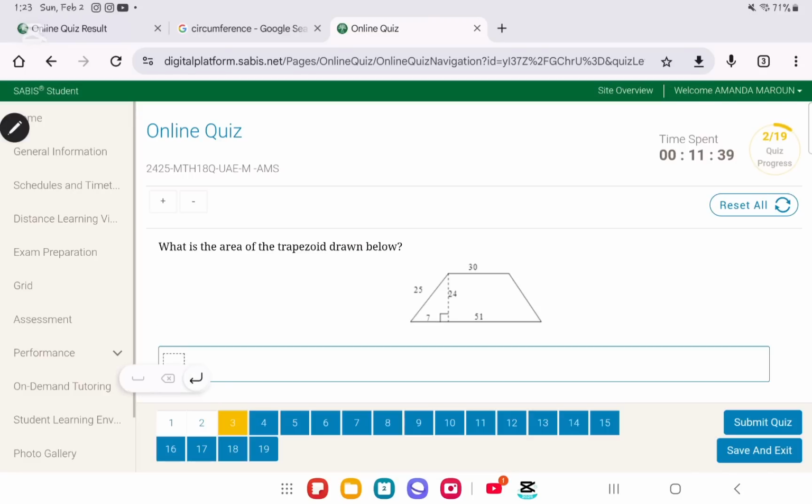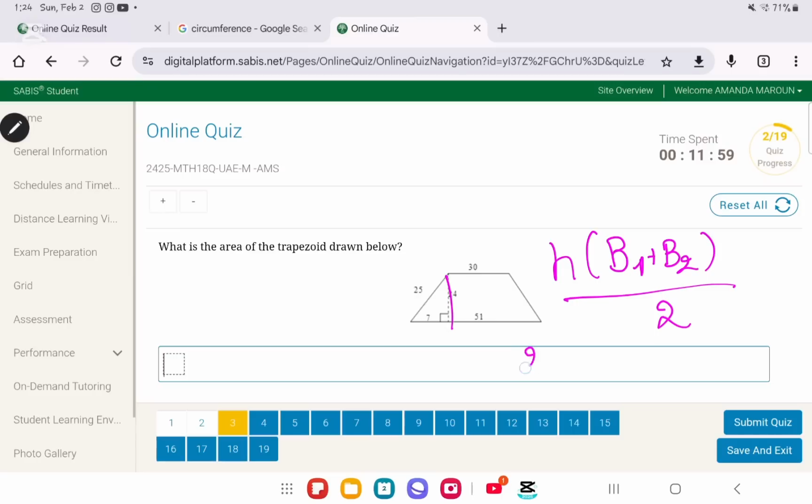Moving on to question number 3, very simply to find the area of a trapezoid. We know that the area of a trapezoid is base times height, or sorry, it was height actually times base 1 plus base 2 divided by 2. So the height is given to us as 24 times base 1, which is 30 plus, pay attention, look at base 2.